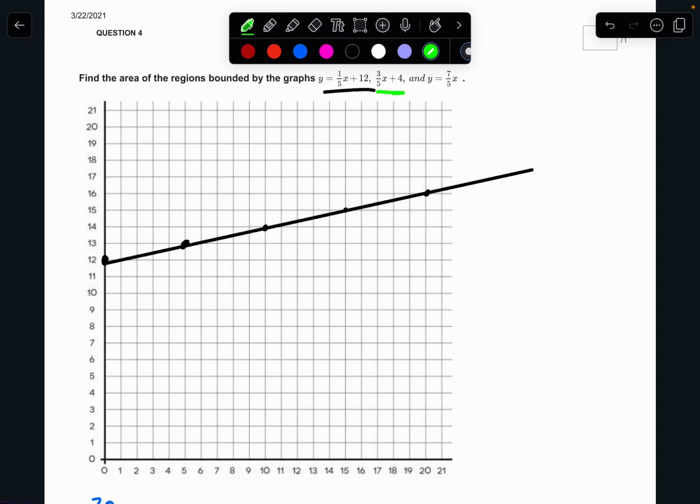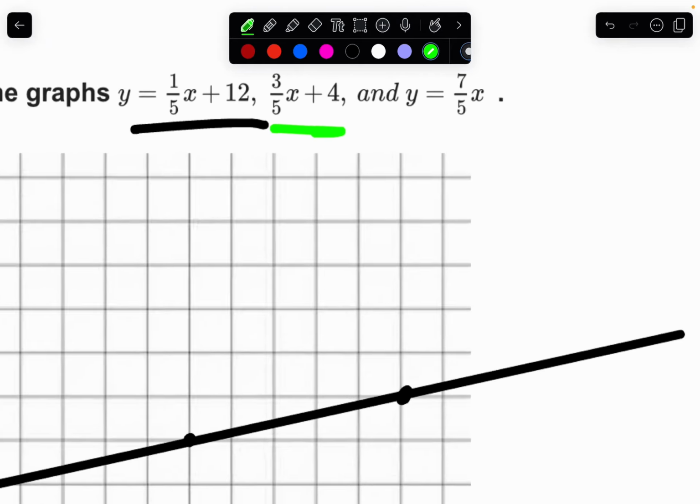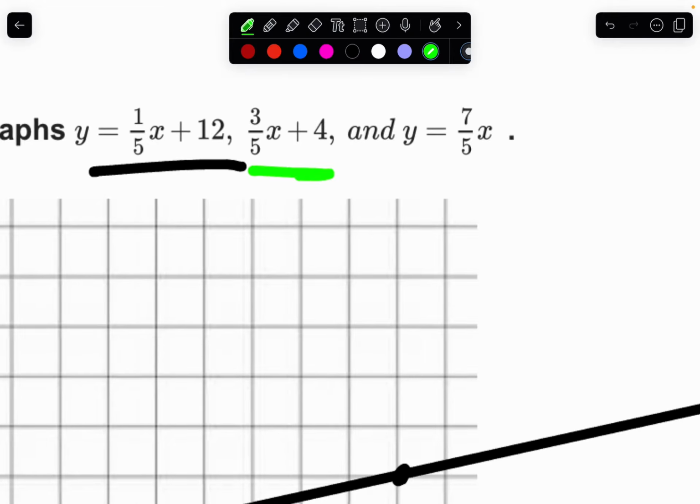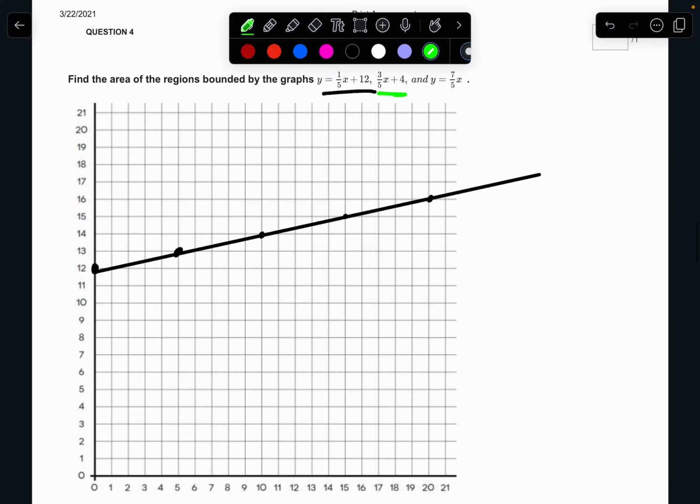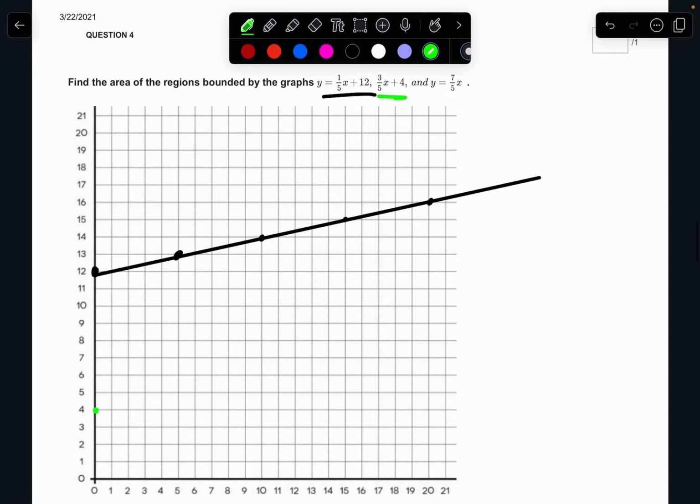Okay, and then, oh dear, it should say y equals 3/5 x plus 4. So 4, up 3, right 5. And if you know me, you know I'm blind in my right eye. I have a hard time looking at 15 and knowing where it is up here, so I just count.